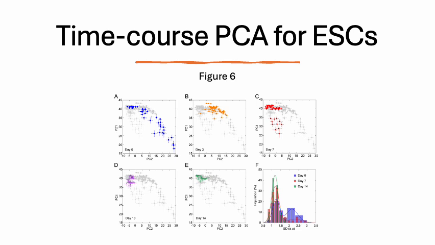And this narrowing shows that the cell population is converging on fewer, more defined endpoints as it moves away from pluripotency and takes on more specialized identities. They relate this observation to the classical idea of the Waddington landscape. And in that model, stem cells start out with many possible fates, just like the broad scatter seen in early PCA plots.